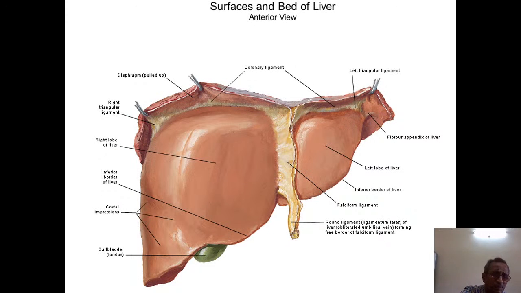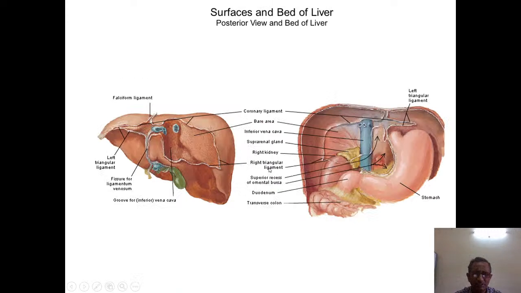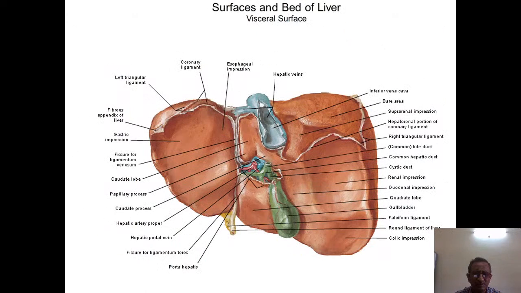So here, this part that is coming in direct contact with the diaphragm, we are seeing the bare area.